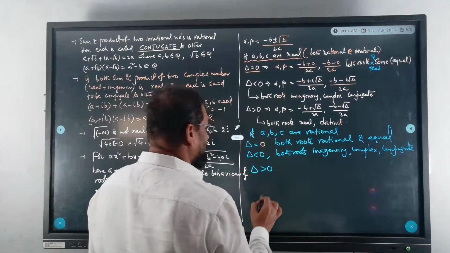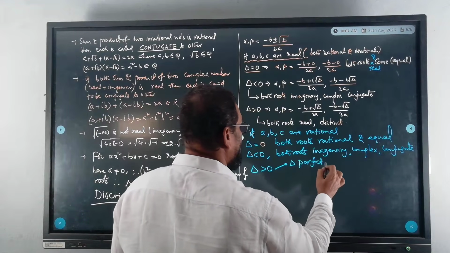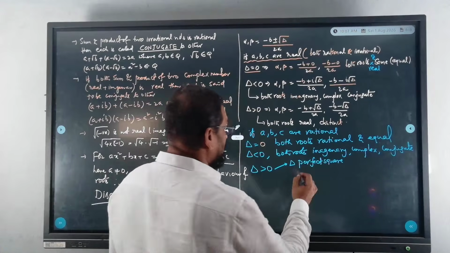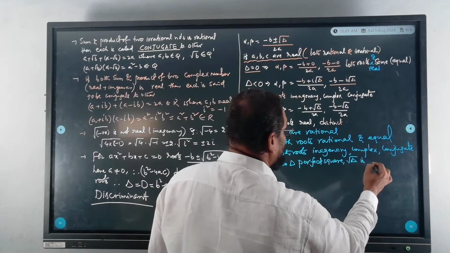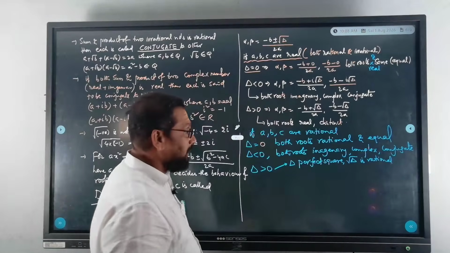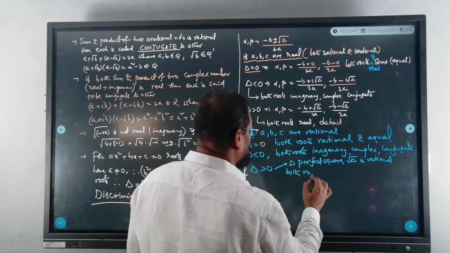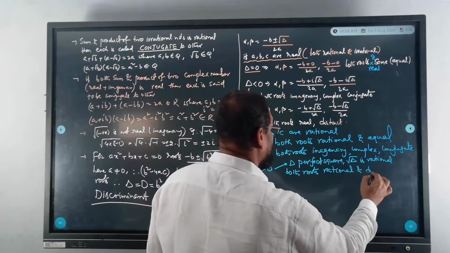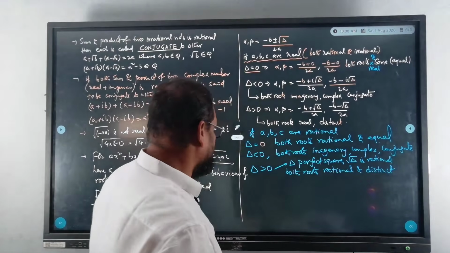Delta greater than 0, and delta a perfect square. Perfect square means root delta is rational. So both roots are rational and distinct.